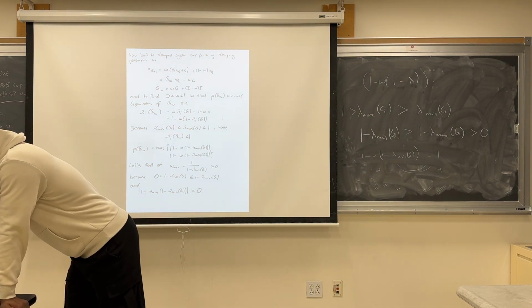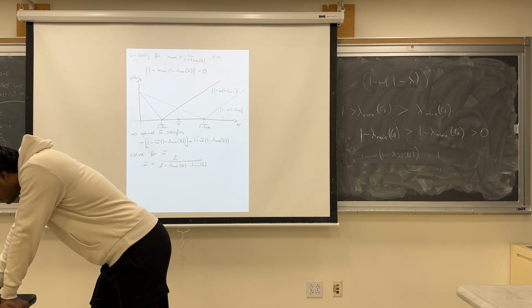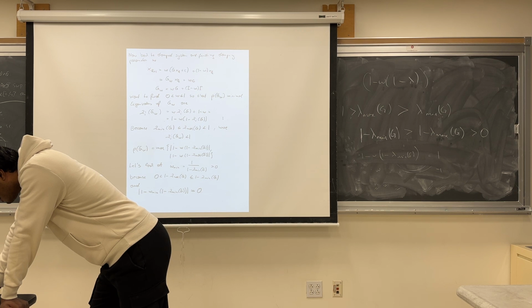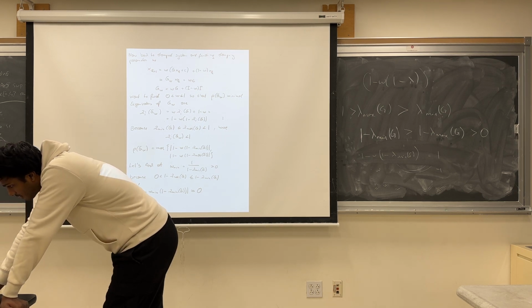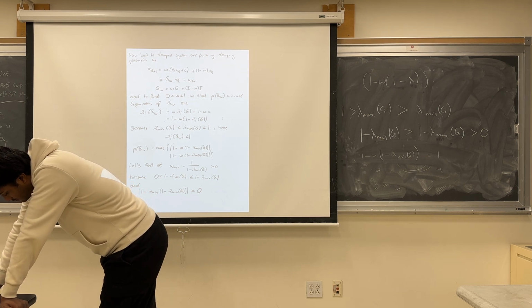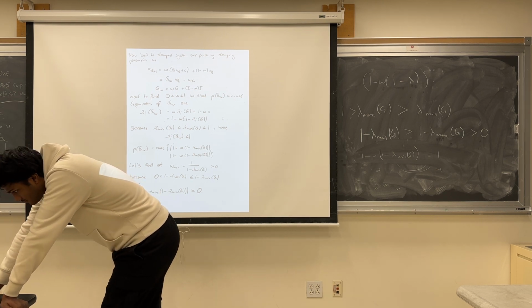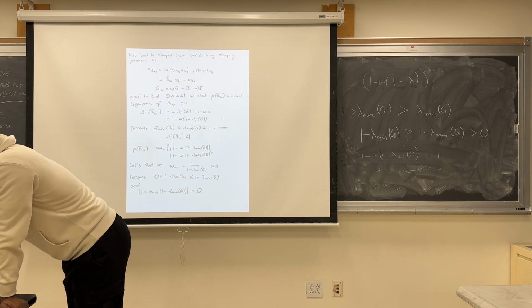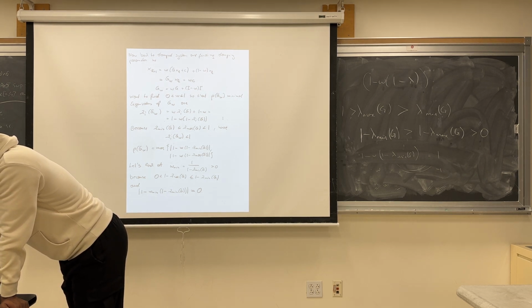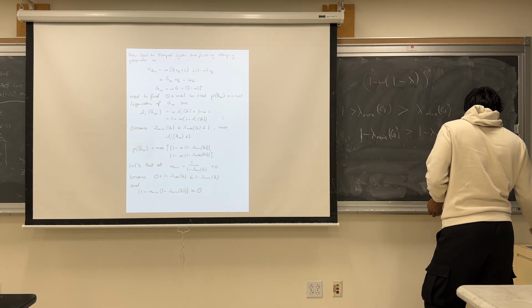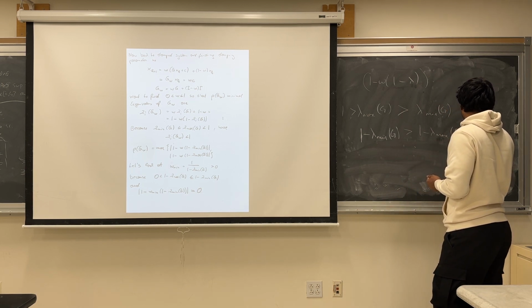I don't understand this. 1 minus lambda min is greater than 1 minus lambda max, and they are both greater than 0. They are both positive numbers.